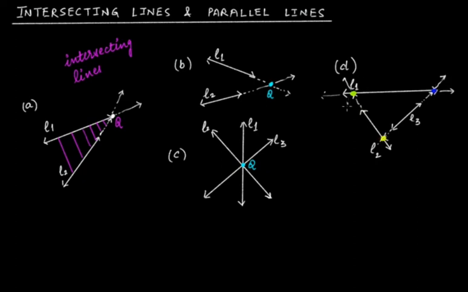So let's say the intersection points are P, Q and R. So these three lines are intersecting. L1, L2 and L3, these three lines are also intersecting lines. In this case you have only two intersecting lines. In this case you have only two intersecting lines. In this case you have three intersecting lines, and in this case also you have three intersecting lines. Why are they intersecting? Because the distance between these lines will be 0 at the point of contact, or the intersection point. So it was all about parallel lines and intersecting lines.